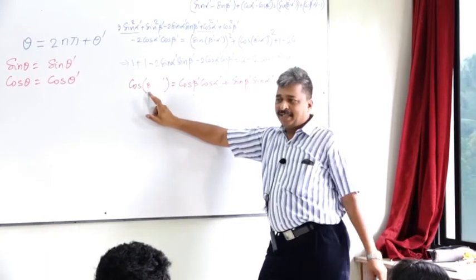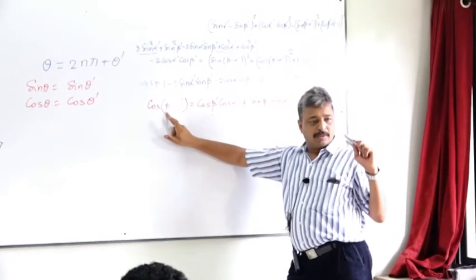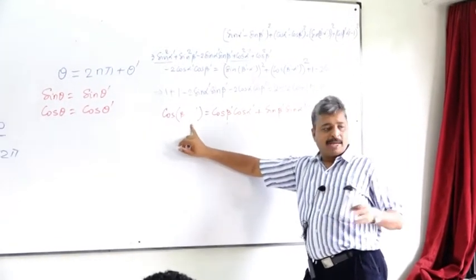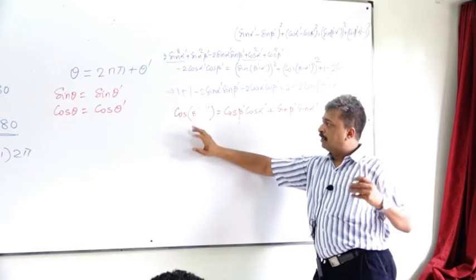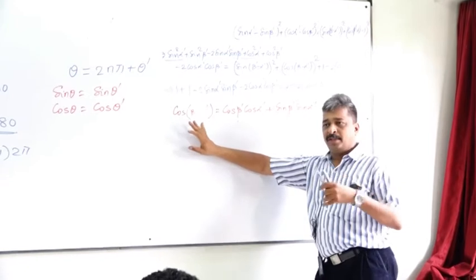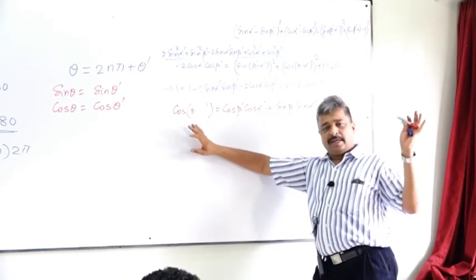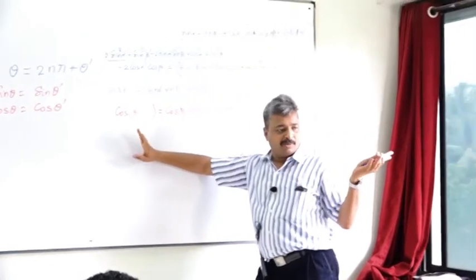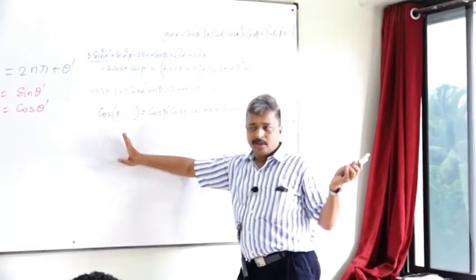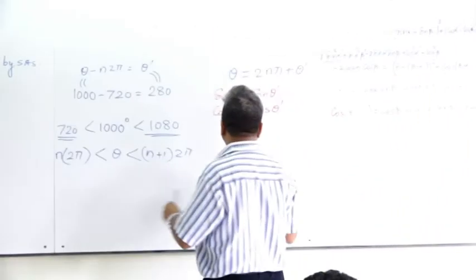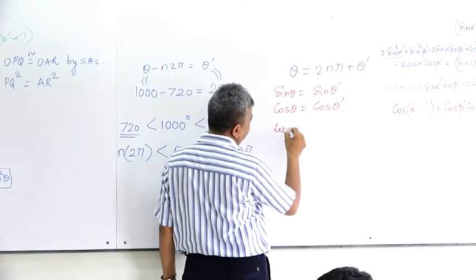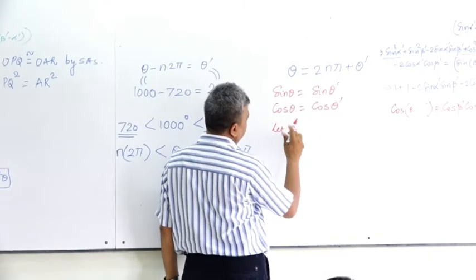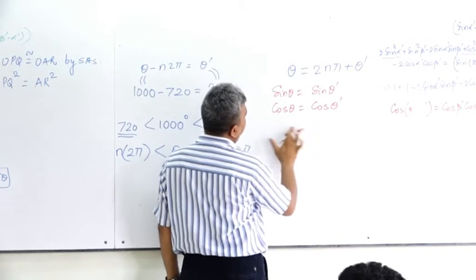Because this beta dash could be 1000, alpha dash could be minus 320, and then 1000 minus 320 is 1320. We don't know what will happen to that 1300. So let us see. Can I write it like this?